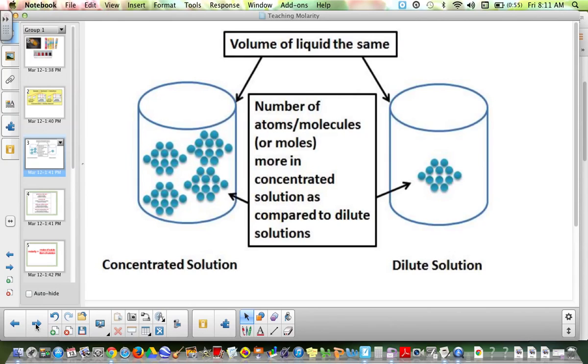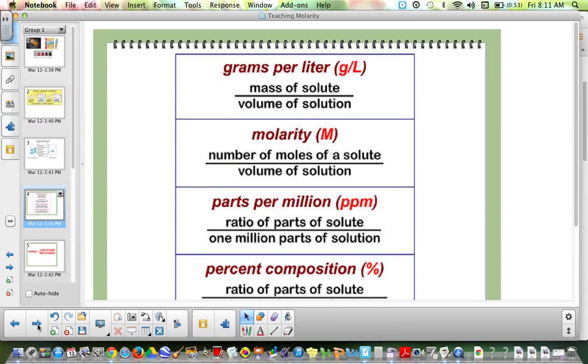So what we need to do as chemists is figure out a way to measure concentration, and molarity is one of those ways. Here are all the different ways I can use to measure concentration. One thing I could have done is measure the mass of Kool-Aid that I put in per volume of solution.